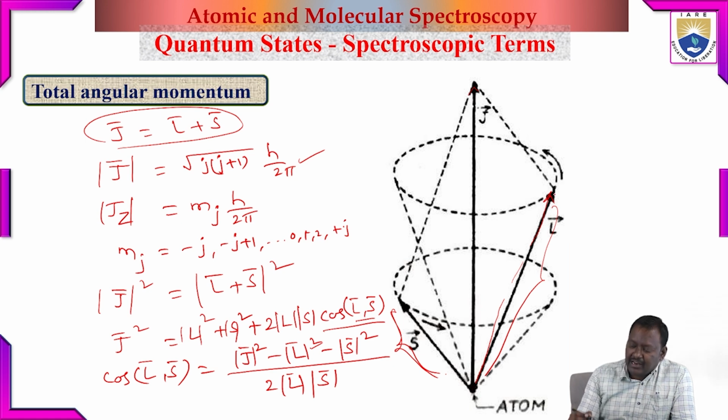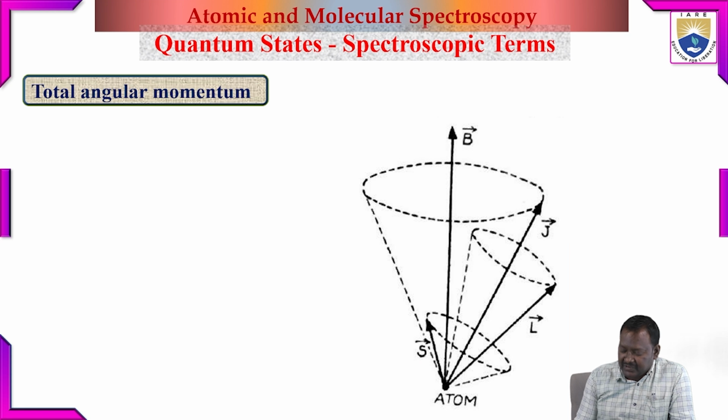Here we have L bar in this particular direction and S bar in this direction. These two add up to give the total angular momentum J bar. As we saw the orientation of L bar with reference to the magnetic field, let us see the orientation of J bar with reference to the magnetic field also. So this is the L bar vector.